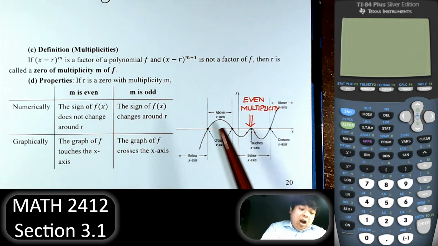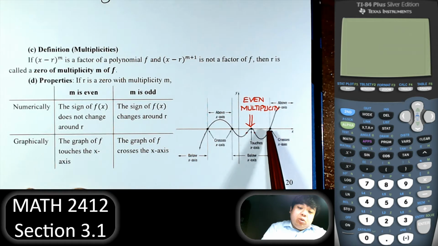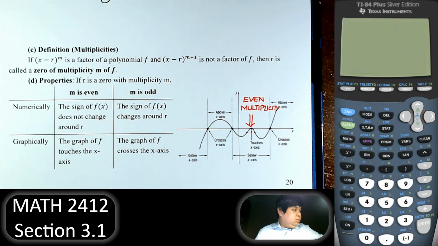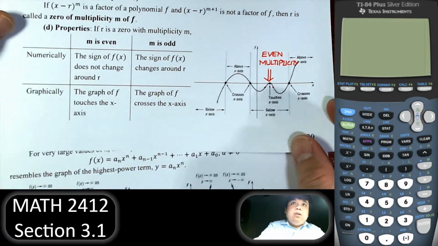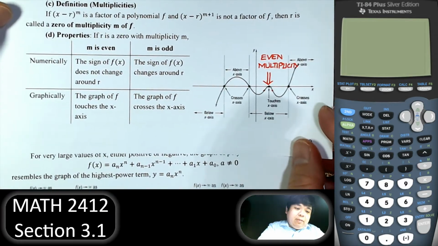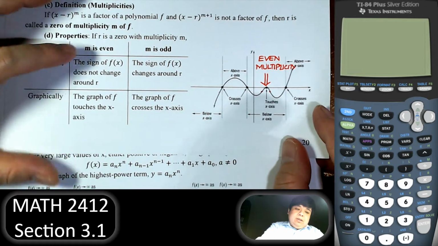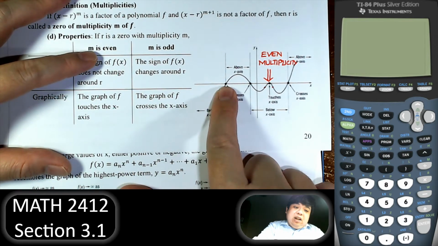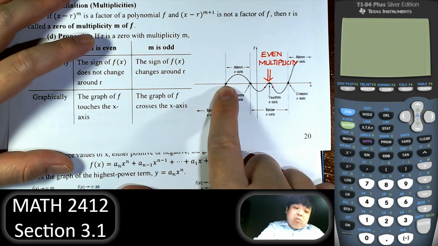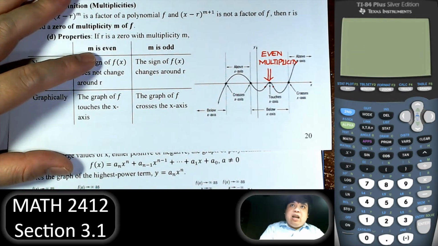And if it is an odd multiplicity like 1, 2, and 3, one of them is positive, one of them is negative. Right? And near the zeros of odd multiplicity, the graph will cross the x-axis. Right.